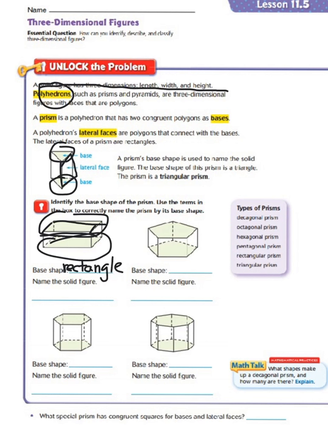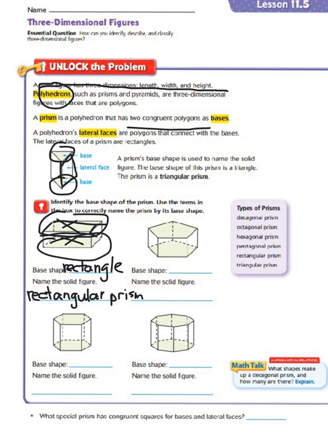So in order to name the solid figure, we take our base shape, which is the rectangle, and we identify it by what it is. It's a polyhedron that has two congruent polygons. So we have a congruent polygon here and a congruent polygon here. So it is a rectangular prism.